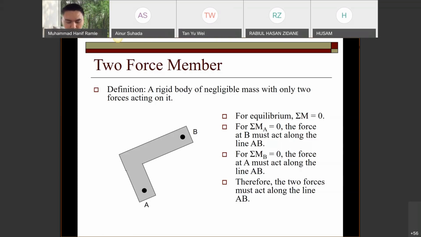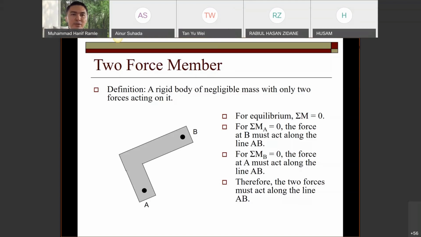Let's say we have this AB rigid body, the simple one, with no forces yet. Back to the fundamentals of the equilibrium system that you already know previously: every single force and moment, the summation of forces and the summation of moments, must be equal to zero.